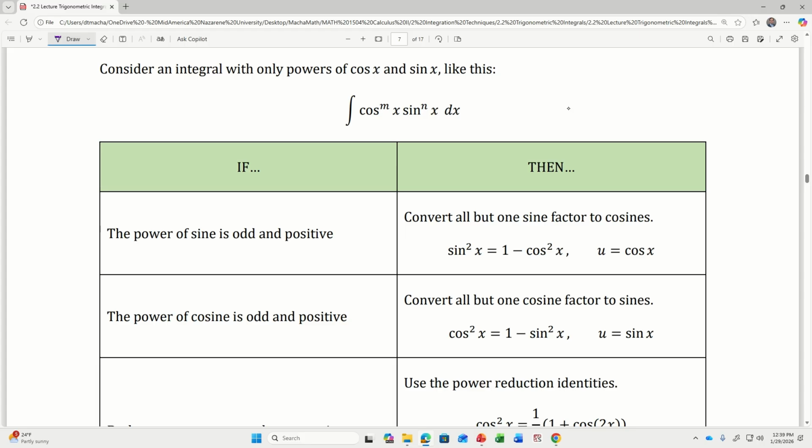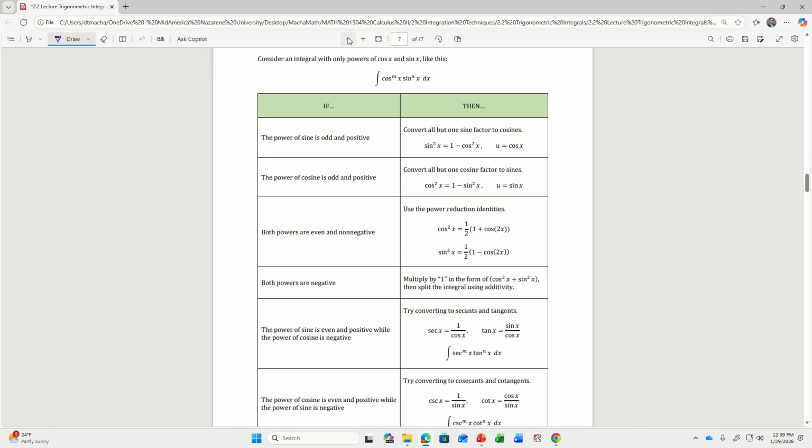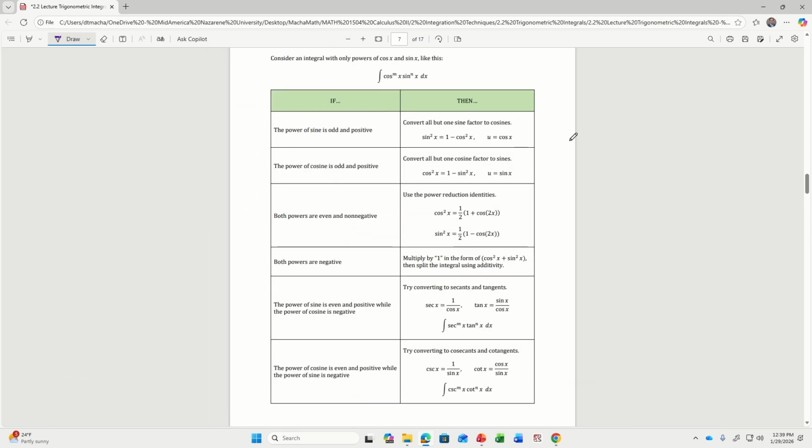I know that this table looks really intimidating because there's a bunch of different cases you've got to cover, but the overarching principle behind this entire section is just know a few trig identities, things like the Pythagorean identity and the power reduction identities, and then also just try stuff.